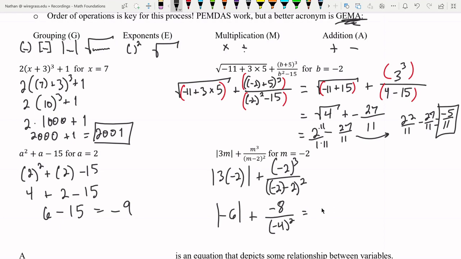So it's going to be positive 6. And then negative 4 times negative 4 is positive 16. This is going to be negative divided by positive, which is negative. And 8 divided by 16 can simplify top and bottom by 8. It'll be 1/2.